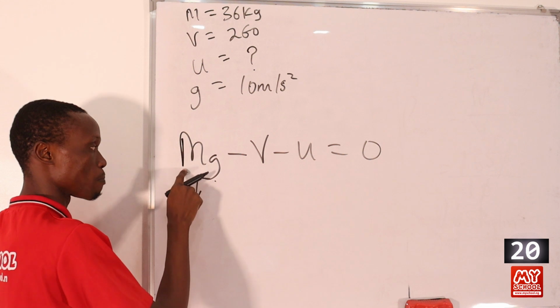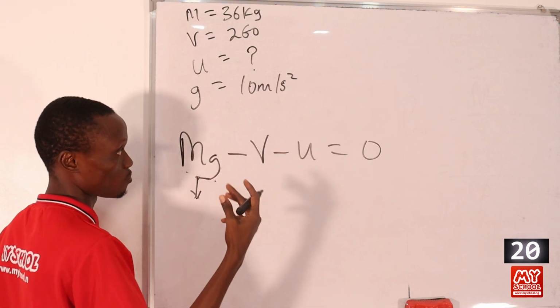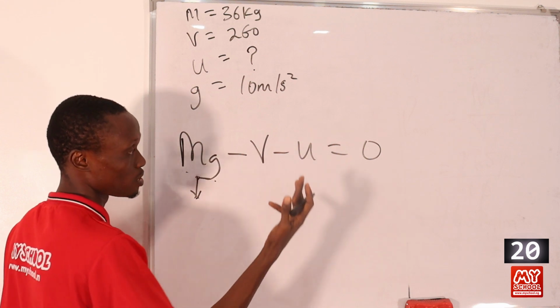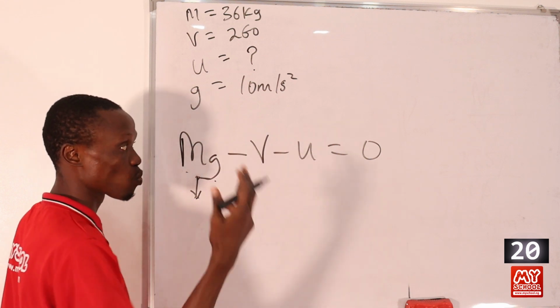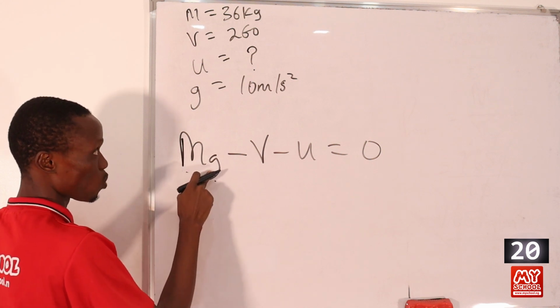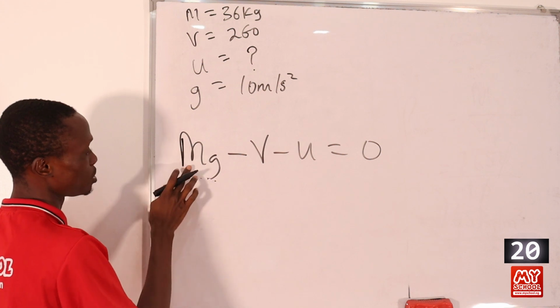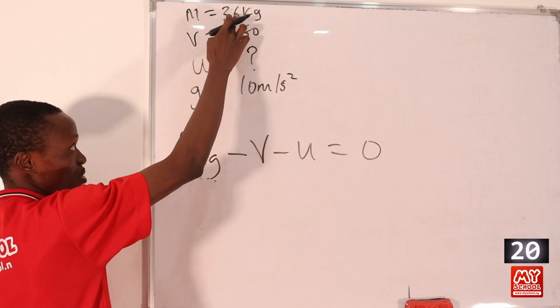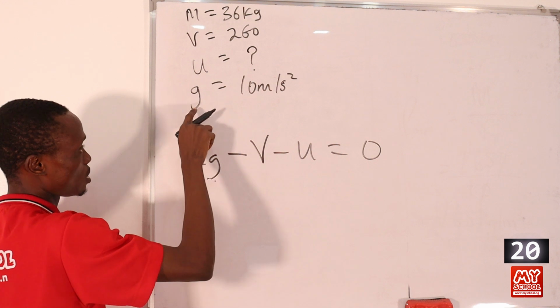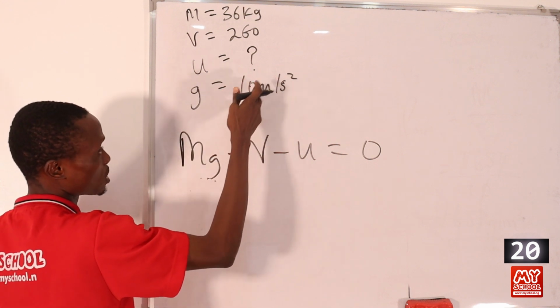One of them is the weight of the body, then the second one is the drag force, or the viscous force, and the third one is the upthrust of the liquid on the body. So mg stands for the weight of the object, but in this case we are told that mass is equal to 36 kilogram, and we are asked to take g to be equal to 10 meter per second square.